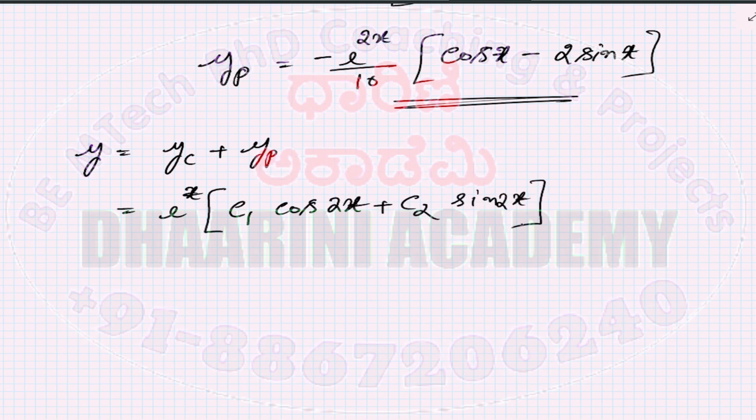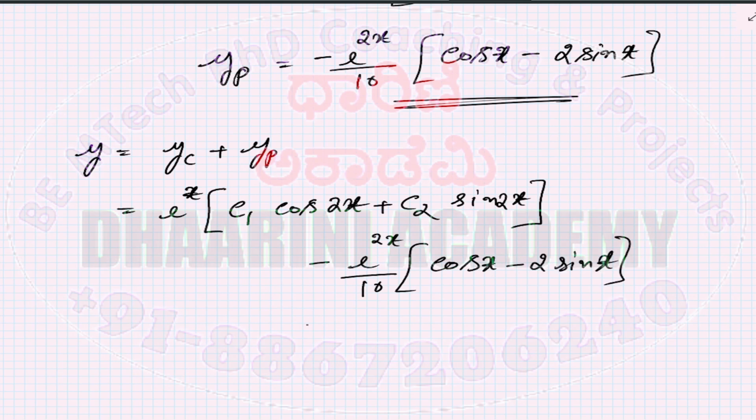This is what we had as yc. Now plus the yp should come, which is obtained as negative term, e to the power 2x by 10 into, this is cos x minus 2 times sin x is the final answer.